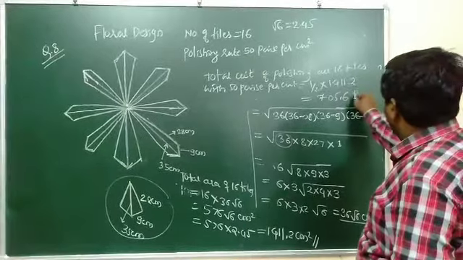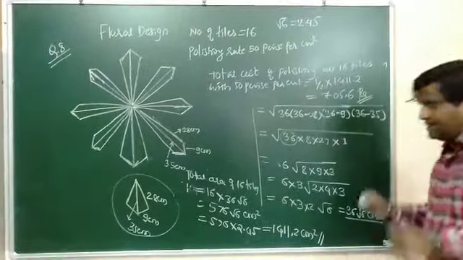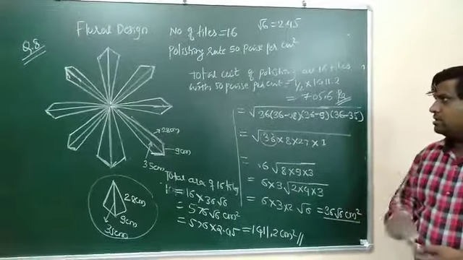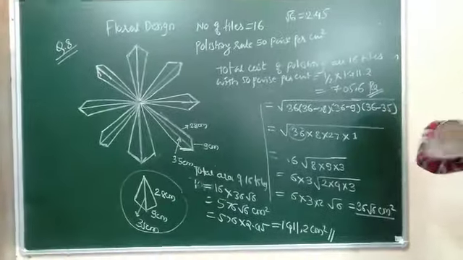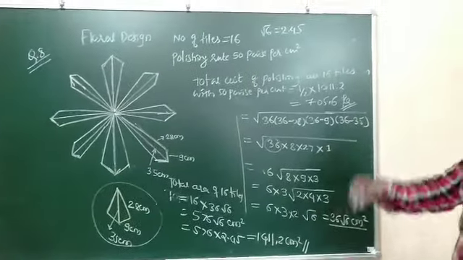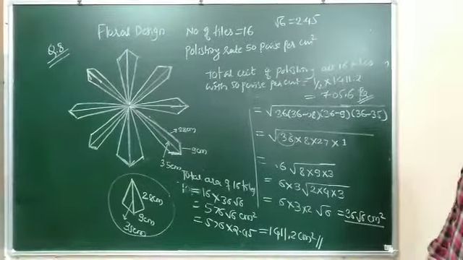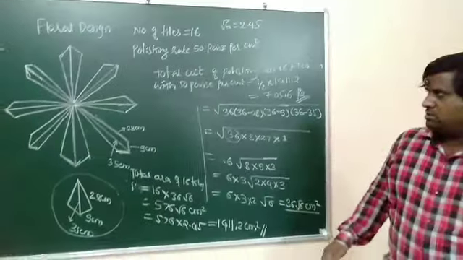So this is the amount that the owner has to give to the labor, so that he can get the polishing done. So it's all about 12.2.